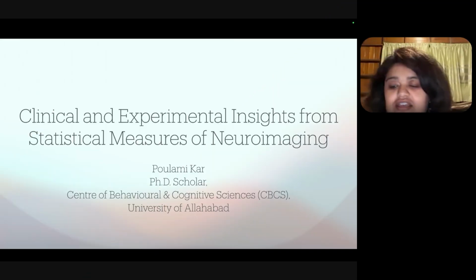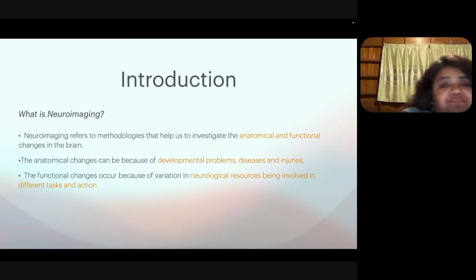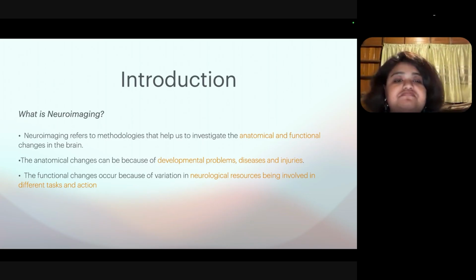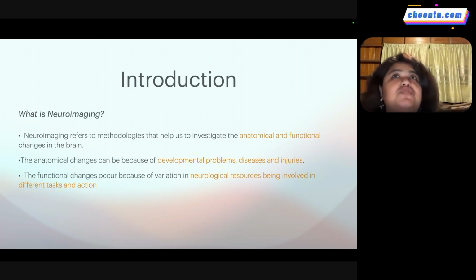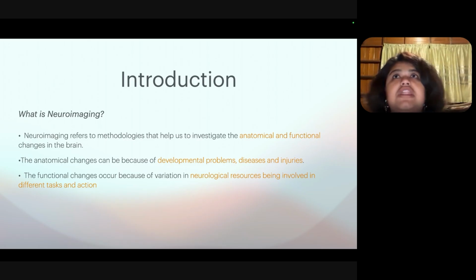Okay. So, to begin with, let's understand what neuroimaging is. As you can see, it's a combination of two words, neuro and imaging. So it's basically the idea that we are imaging the neurological situation of our brain. It can be the anatomical changes in the brain, or it can be the functional changes in the brain.